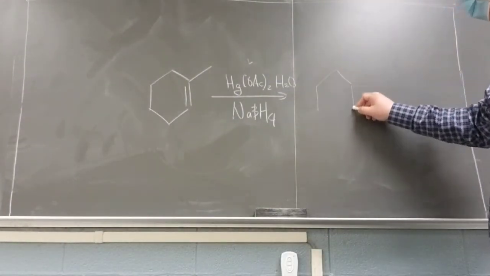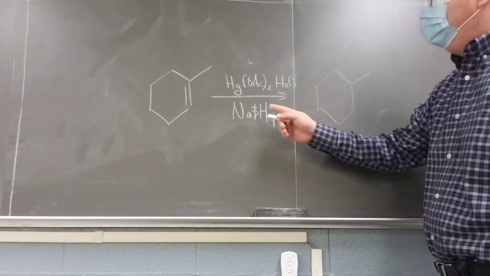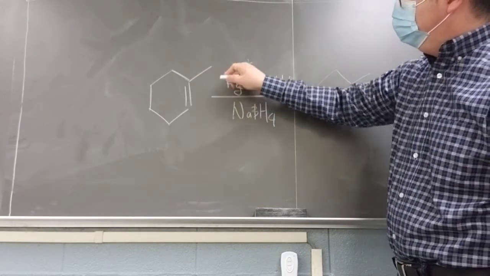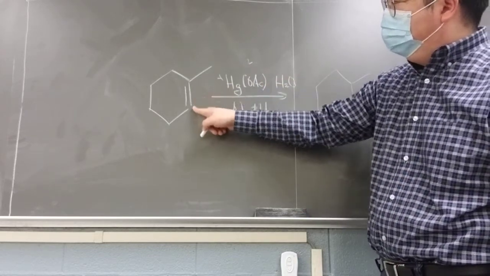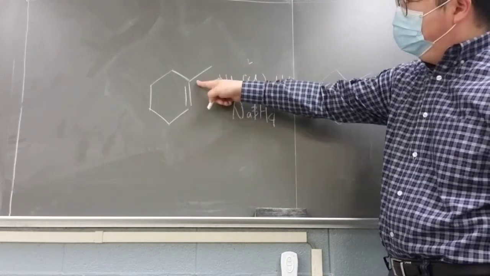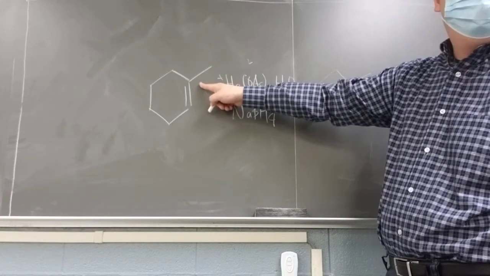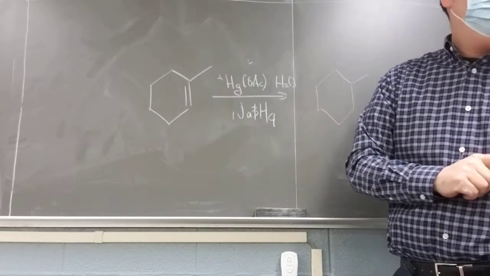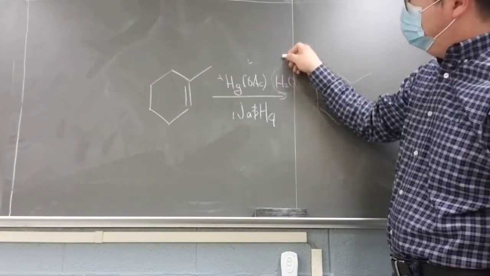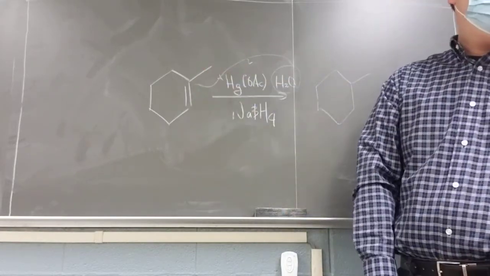So what happens? This one will become this first, and they form the mercurinium ion here. Then they're going to open to here, so you can have a better carbocation position, and water goes into this position.